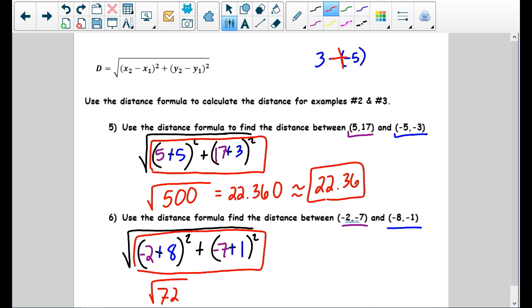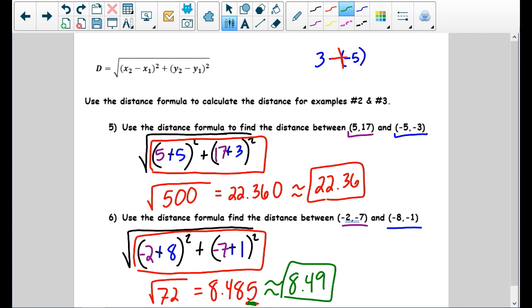And then when I square root that, gives me 8.485. Again, if I'm looking to round, okay, this 5, does the 8 stay an 8 or does it go up to 9? Yep, rounds up to 9, so we have 8.49 as our final answer, okay?